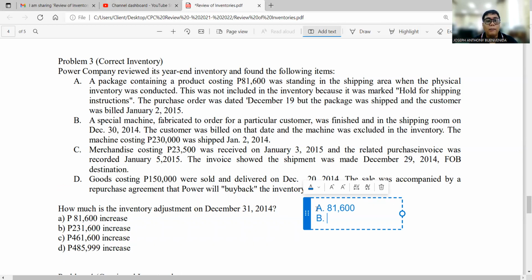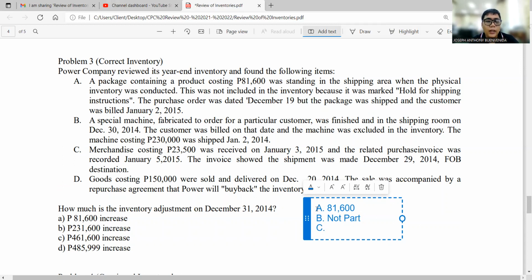But given that this inventory is a special one, a special order, a sure sale, there is no need for us to include it in our inventory. So B is not part. The accounting was correct in not including it.